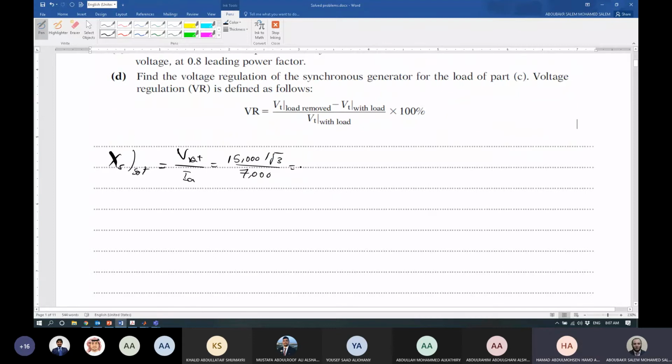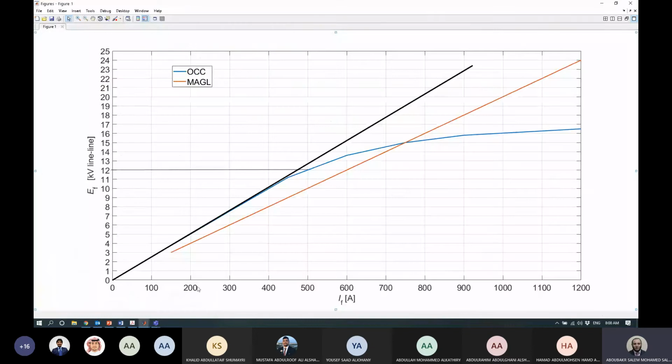Doctor, after you finish the calculation, can you repeat how we get the required current again? IA. Okay, let's discuss how we can obtain this from the characteristic. For the open circuit characteristic, after plotting the curve, at this point is the rated value of volt, V rated, 15 kilovolt.